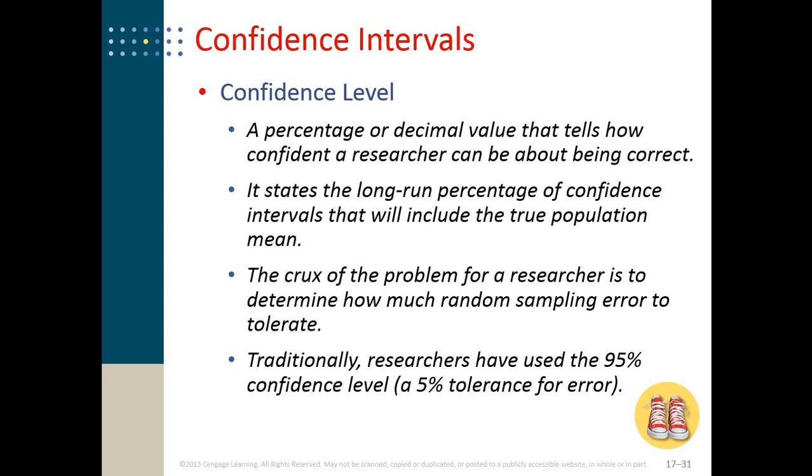When we use 5%, that is 5% chance of error and a 95% confidence level, it means that the researcher is 95% confident of being correct. So for every 100 cases, 5 cases will be wrong. When you use a 10% significance level, a researcher is 90% confident of being correct. So for every 100 cases, there is a chance of 10 cases being wrong. So this is the confidence level.